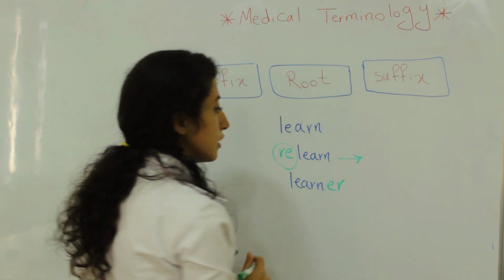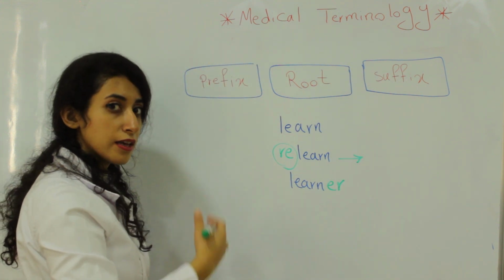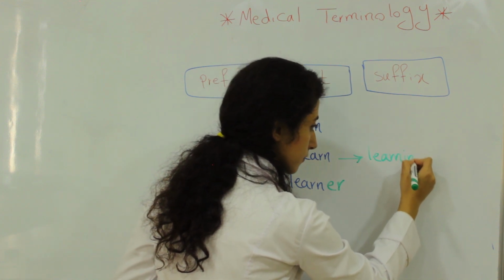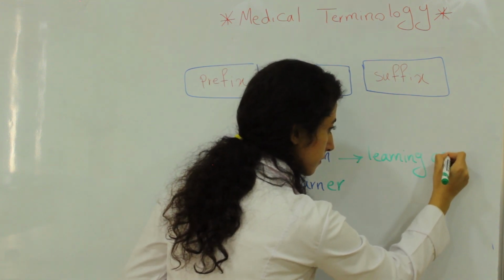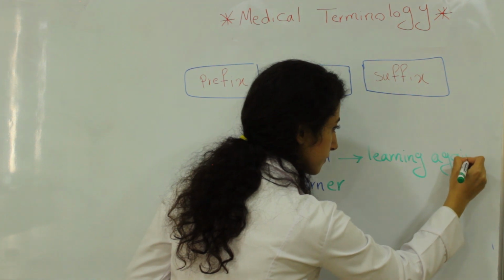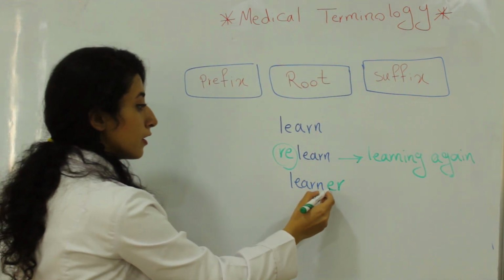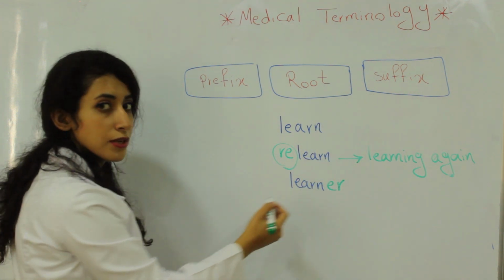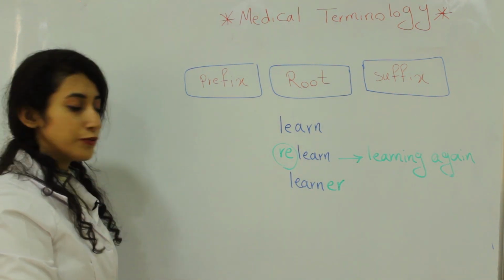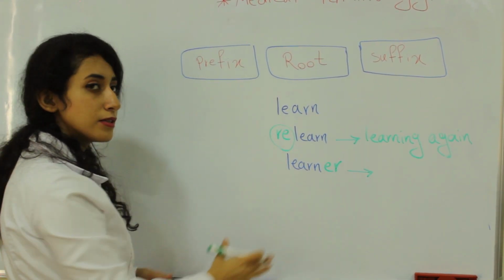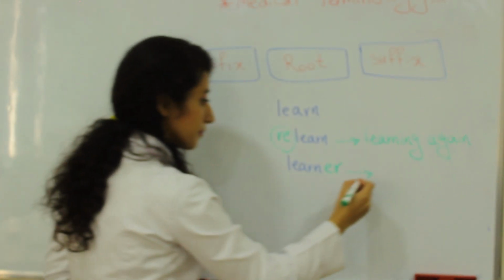Its meaning is learning again and again. For the last one, I added er as the suffix to the root and it also changed the meaning. The meaning of learner is someone who learns something.